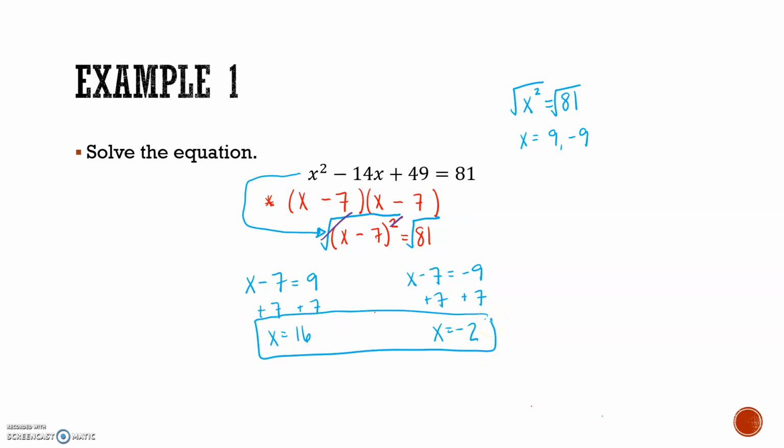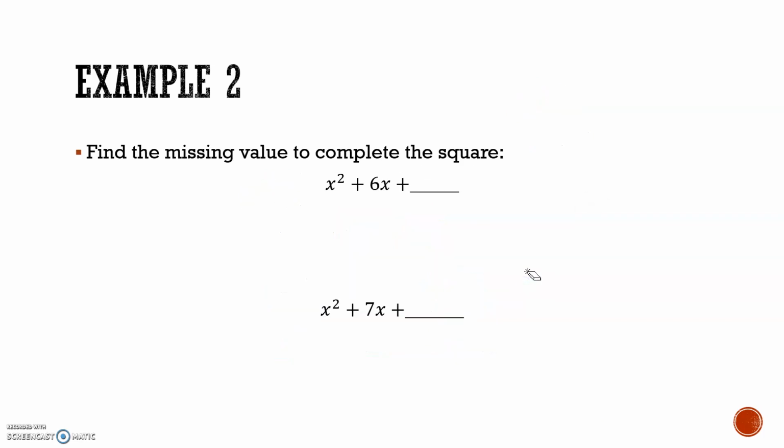Now, this worked out pretty well because the left-hand side of our original problem was already in the perfect square trinomial form. It was already written that way, but not every problem is going to be like that. So we are going to manipulate these problems so that they look the right way. Let's practice what we need to do to make this look right.